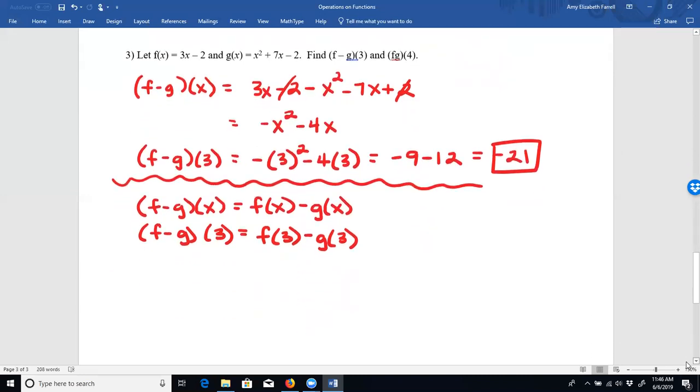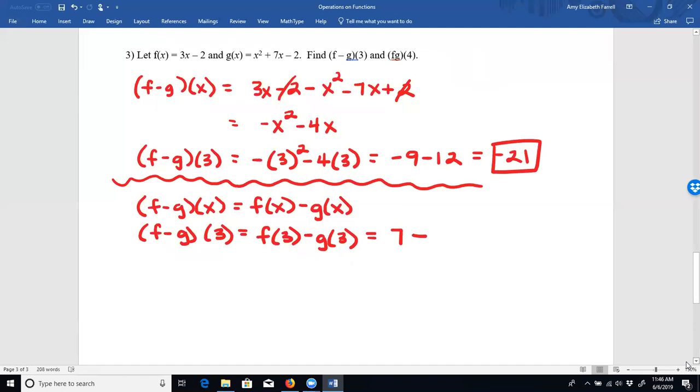So to do f of 3 minus g of 3, well, we just find f of 3, which just is substituting 3 into the function for x. So if I take 3 and I plug it in, I would have 9 minus 2, which is 7, minus, and then I find g of 3.